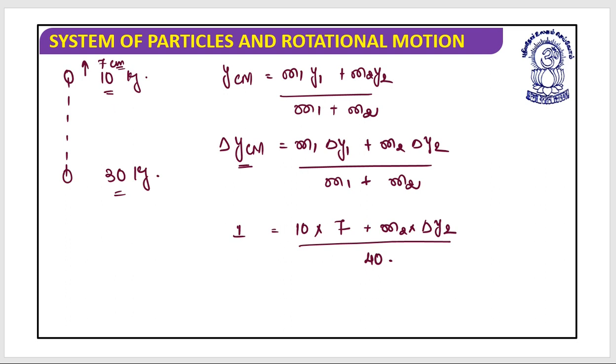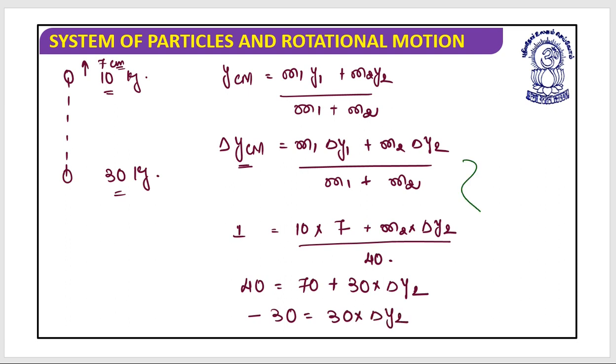Yes. So this is 1 into 40 is equal to 10 into 7, which is 70, plus m2, it's 30 into delta y2. So 40 minus 70, which is minus 30, is equal to 30 into delta y2.